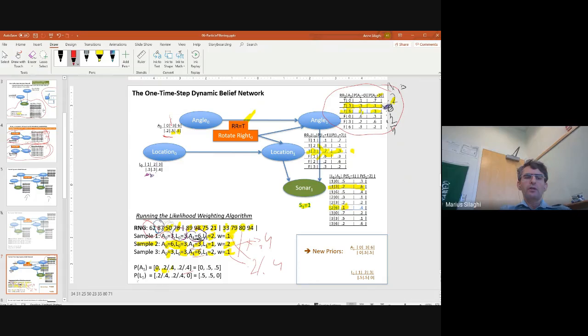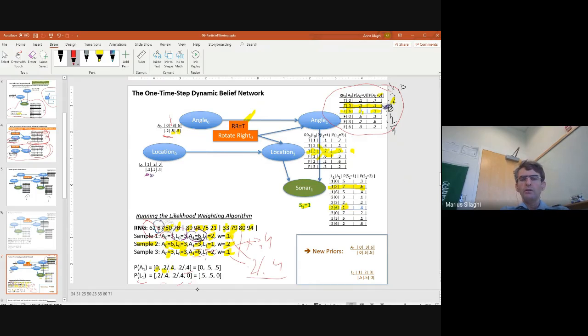And for the location 1 that happened in the sample number 2, and that was the weight 0.2 divided by 0.4. Location 2 happened in the sample 1 and sample 3, which was with weight 0.2 divided by 0.4, and location 3 never occurred, so we have probability 0.